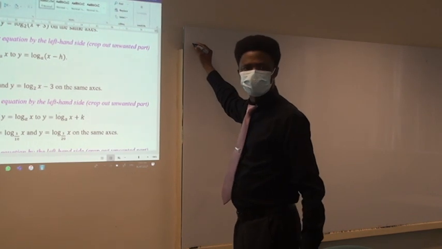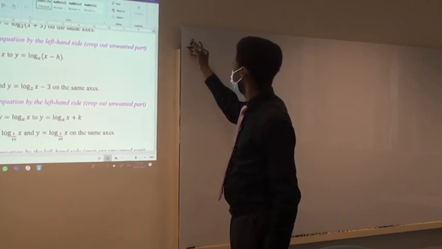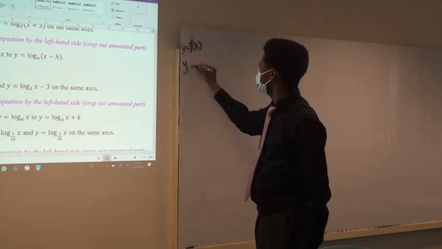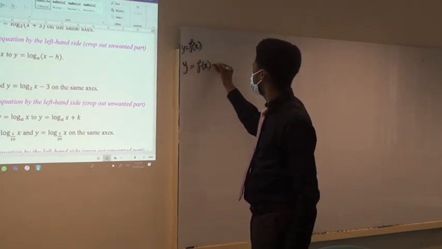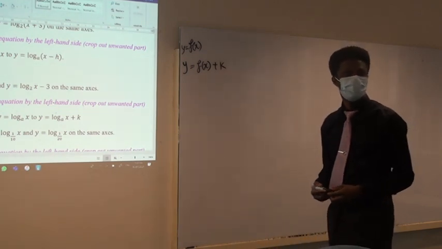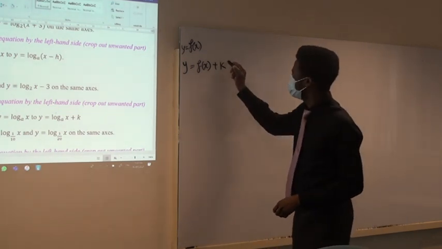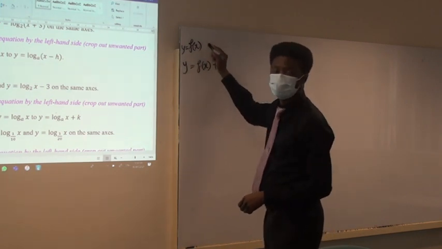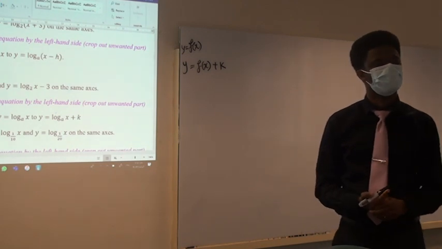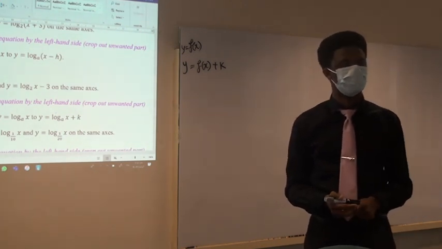Now, we talked about f of x as a function. What is the transformation that happens to f of x if I write f of x plus k? King, what happened? How can I get this new function from this one? No idea?